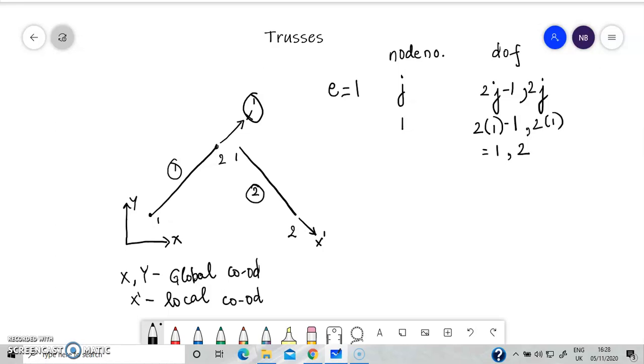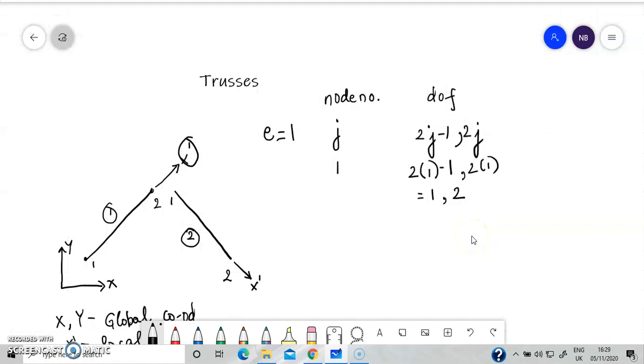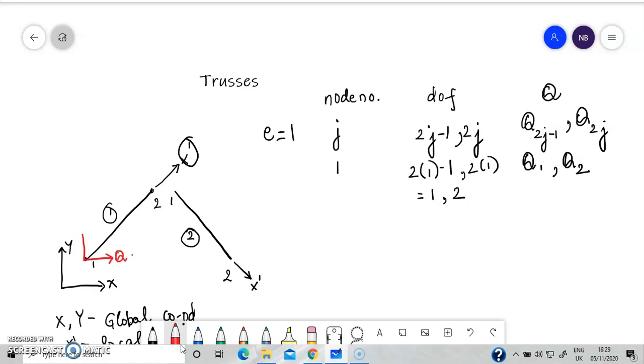The global displacements associated with j, okay, so we have node number, degrees of freedom, and the displacement which is given by capital Q. That will be q suffix 2j minus 1 and q suffix 2j. So in this case it will be q1 and q2. In red pen I am showing you here, so this will be q1 and this will be q2.